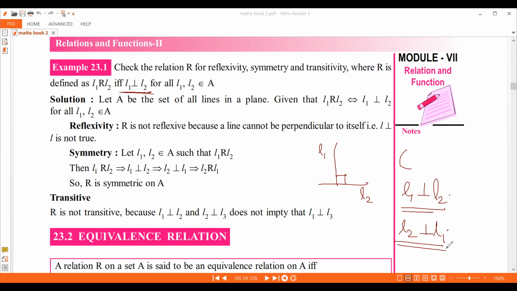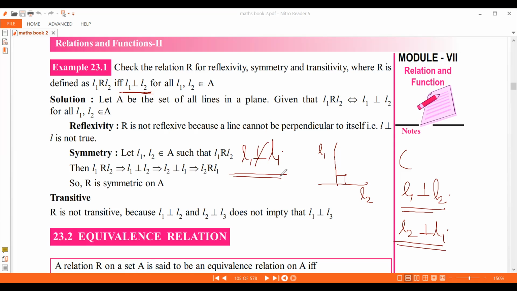Now reflexivity will not work. Why? If you consider a doublet, L1 cannot be perpendicular to the same line. If you take a line, that line cannot be perpendicular to itself.